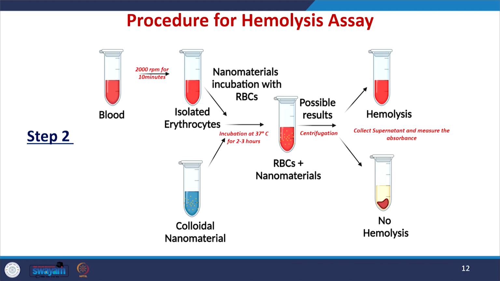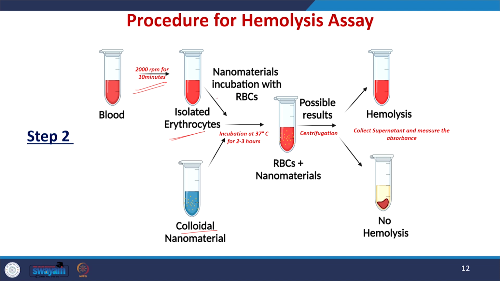Once you collect the blood, the next step is to centrifuge the blood at 2000 rpm for 10 minutes, then isolate the RBC. Once you isolate the RBC, we have to add the colloidal nanomaterial at different concentrations to understand at what concentration the nanomaterial is inducing hemolysis.